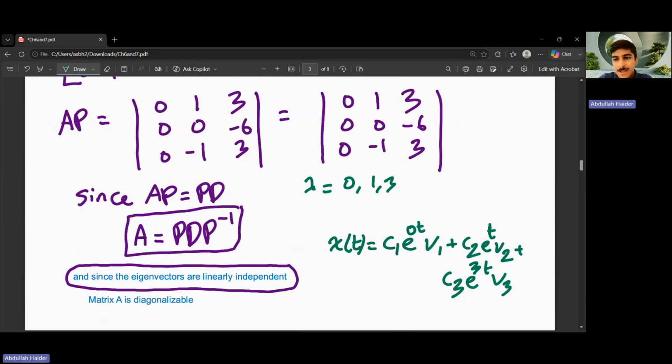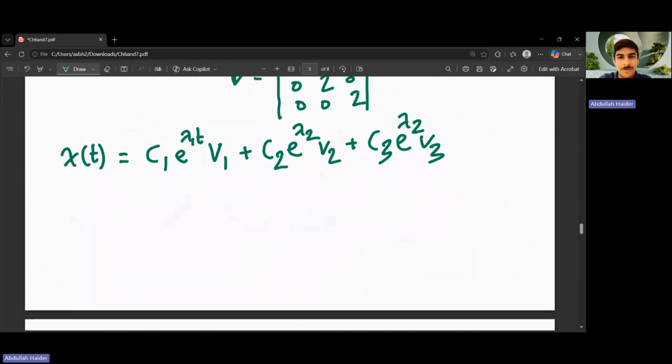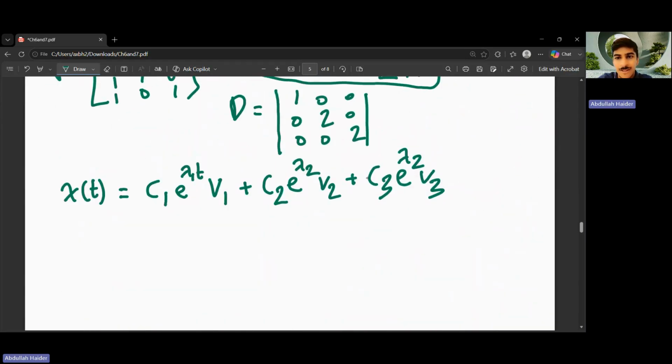So this is how it looks if you have distinct eigenvalues. But in this question, we have repeated eigenvalues, so we have to write V3 and C3 for the same eigenvalue here.